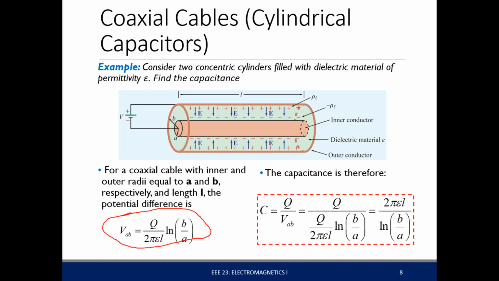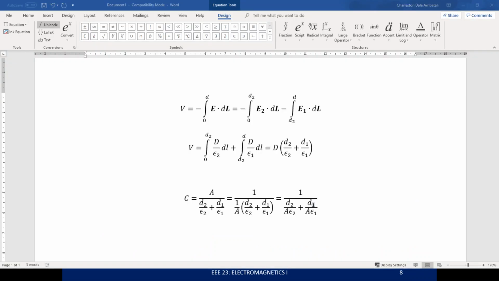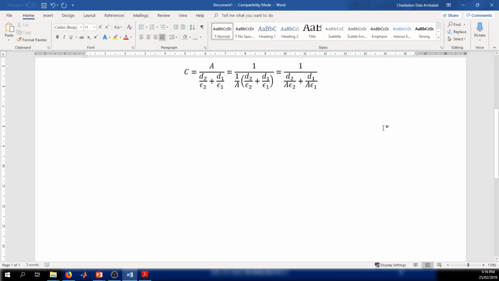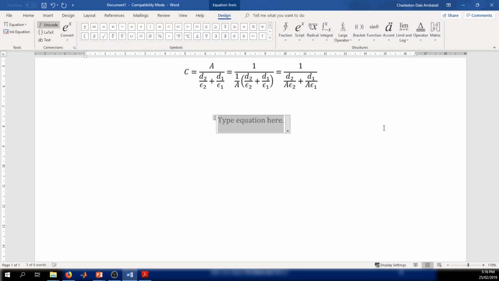So recall that for a conductor that is formed in a cylindrical manner, the electric field is equal to the charge distribution divided by 2 pi epsilon. Let's put epsilon here to indicate that it's not just free space.